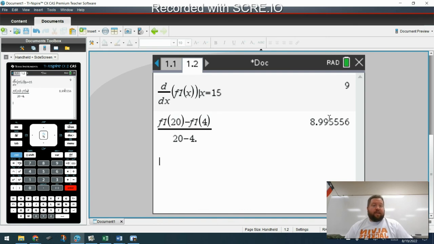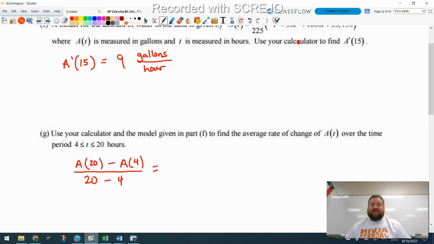This 5 will round it up to a 6, or you could say 995. You can truncate which means just drop all the decimals after. So there are two acceptable answers, 8.995 or 8.996. I prefer to round, so I am going to put 8.996 as our answer. And again, our units, since this is a rate of change, will be in gallons per hour.